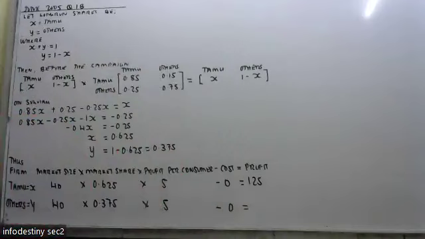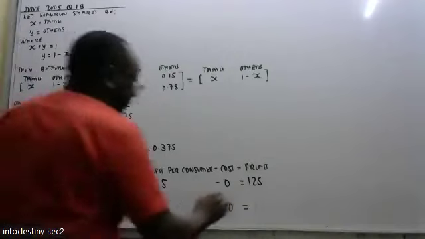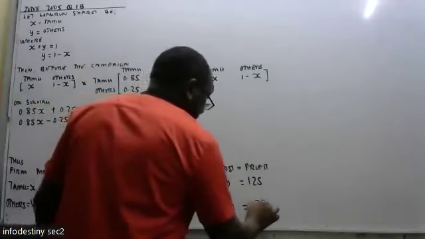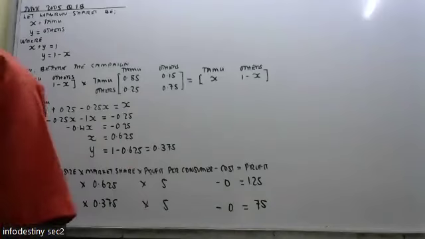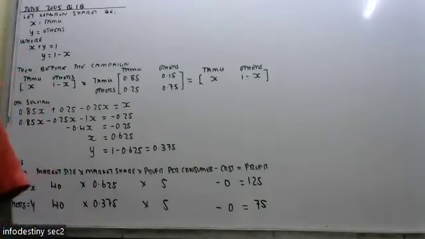So 40 multiplied by 0.375 multiplied by 5 is 75. So that is what happens before the campaign.